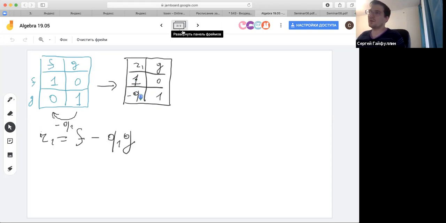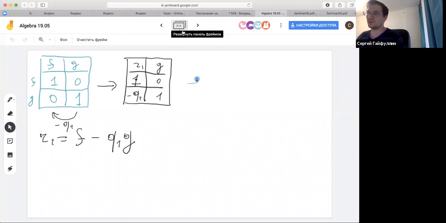And these are coefficients of the combination of F and G by which we obtain r1. So r1 equals 1 multiplied by F plus minus q1 multiplied by G. And so on.